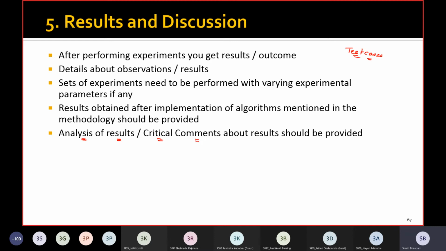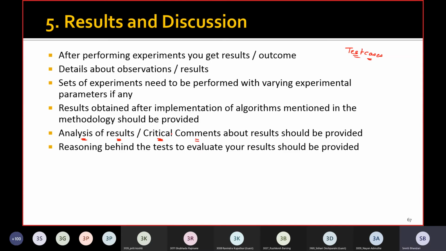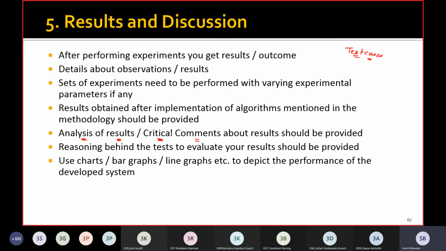After analyzing all the test cases, you should provide comments about your results. The reasoning behind the tests used to evaluate your results should be provided. Then typically you should use charts, bar graphs or line graphs to depict the performance of the developed system.